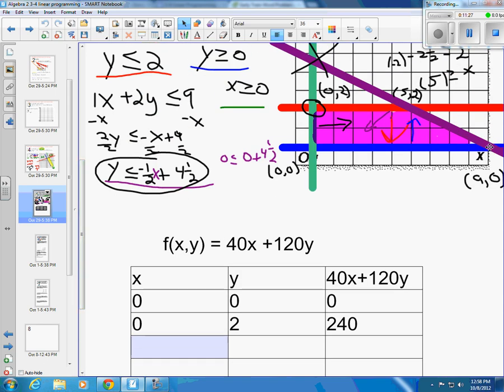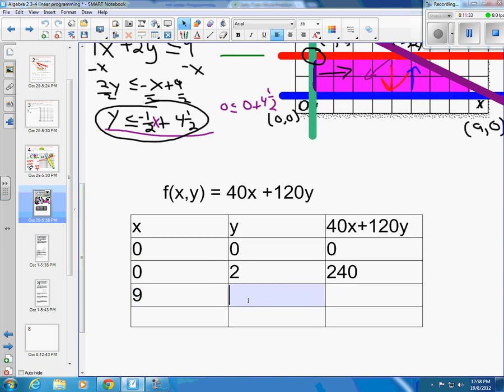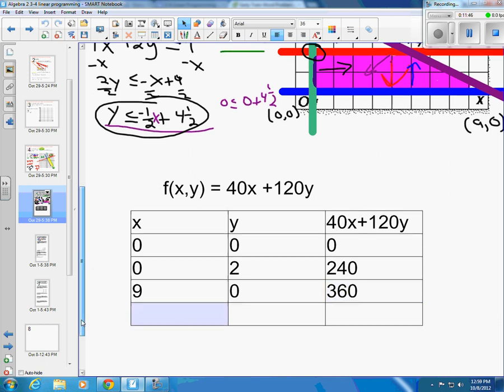I'm going to try this one over here. So what if we mowed 9 lawns and did 0 prunings? So 9 times 40 is going to be 360 and no pruning. So that's actually worth more money to the company if we just mowed lawns and didn't prune at all.